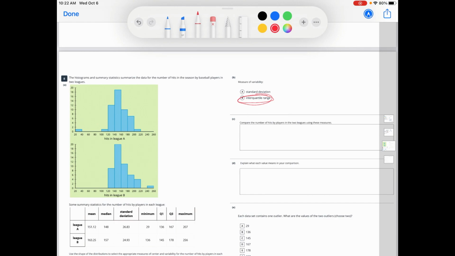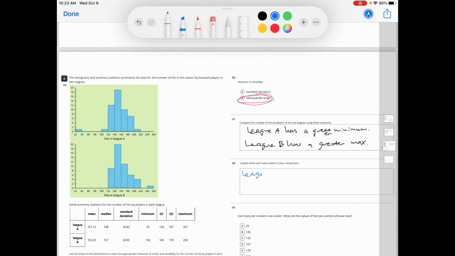I'm probably going to say something like League A has a greater minimum, League B has a greater maximum. Explain what each value means in your comparison.